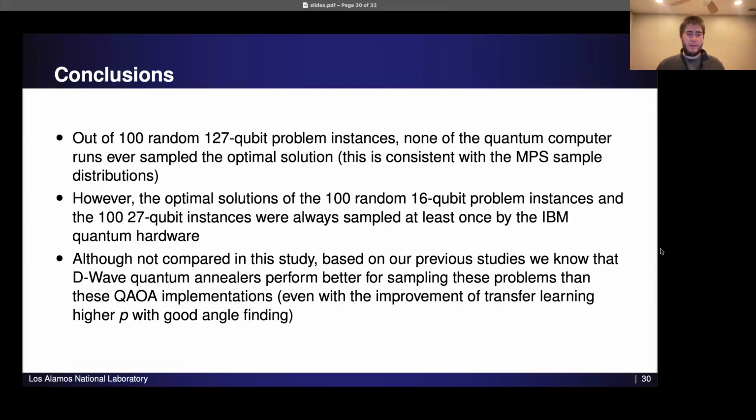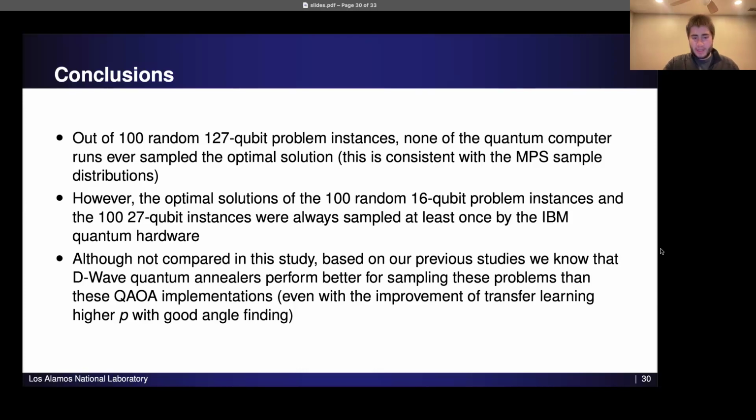Lastly, I want to note that although we did not touch on this in this study, based on the previous studies that we've done on these problem types, we know that D-Wave quantum annealers perform better for sampling these problems than QAOA implementations. Even with this improvement of being able to find good QAOA angles using transfer learning and going to higher p, it's still the case that D-Wave quantum annealers perform better.